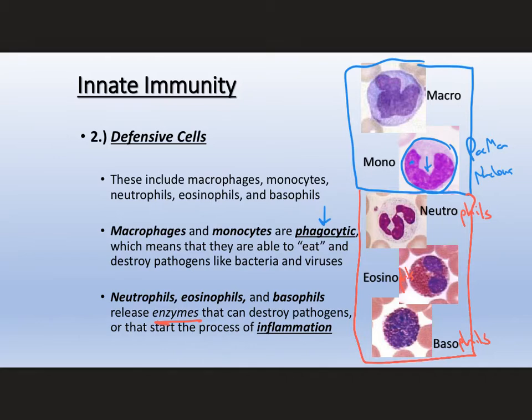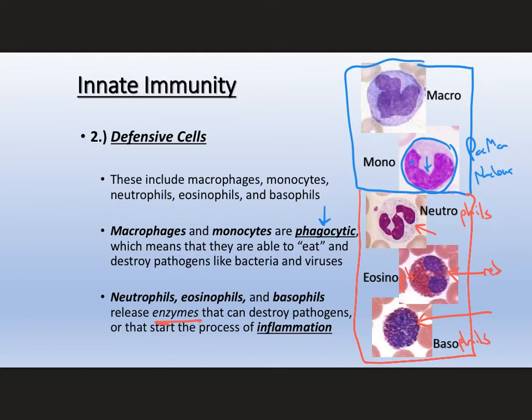Neutrophils have what's often called a multi-lobed nucleus. Eosinophils have these really dark red granules that you can see here. And basophils have dark blue granules, and there are so many that you can't even really see the nucleus inside. All of these help release enzymes to destroy pathogens.